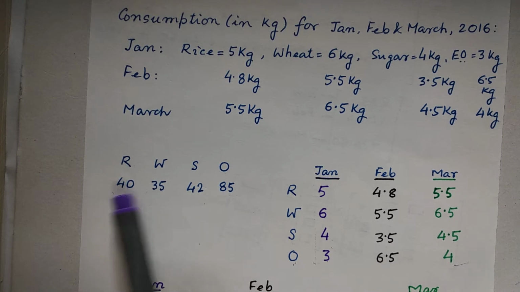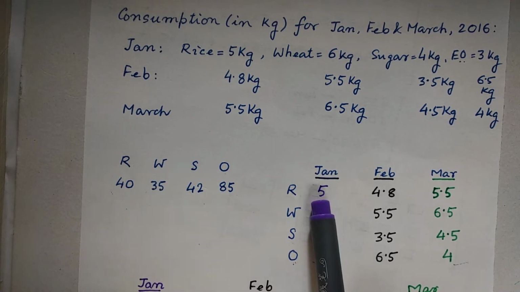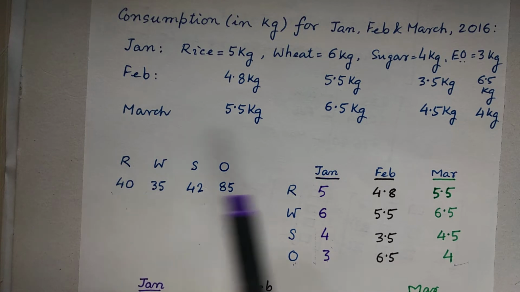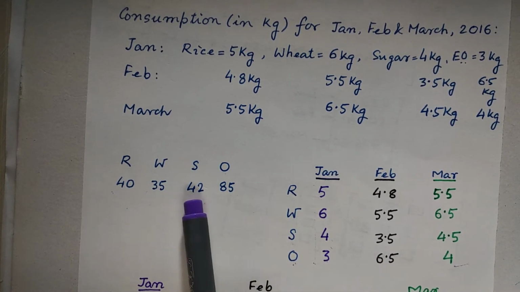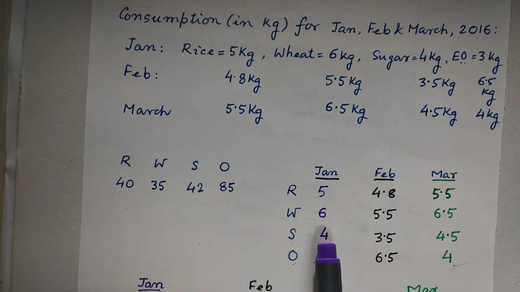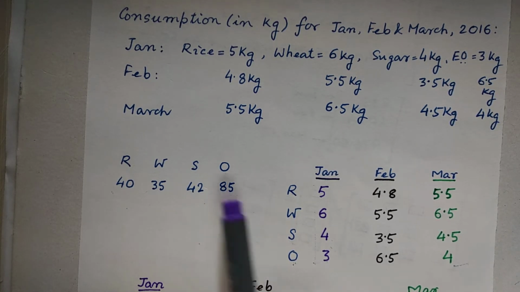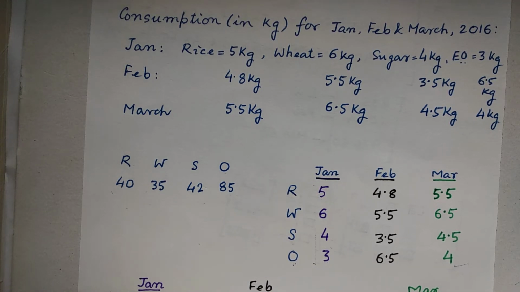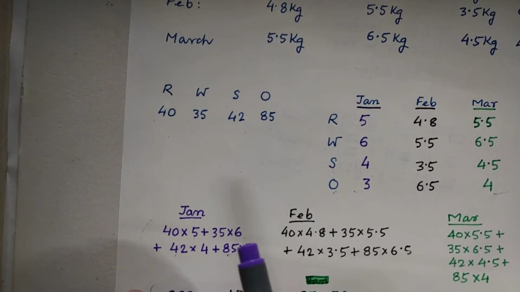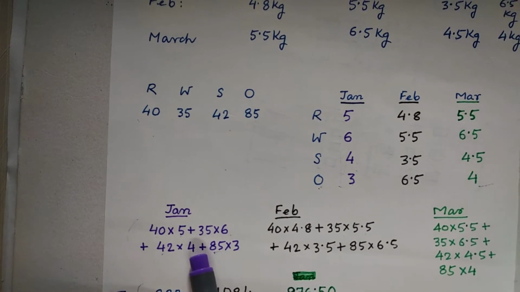Rice 40 rupees per kg and it has been consumed 5 kg. So 40 into 5 plus 35 into 6 for wheat plus 42 into 4 for sugar plus 85 into 3 for oil during the month of January. This is the calculation.